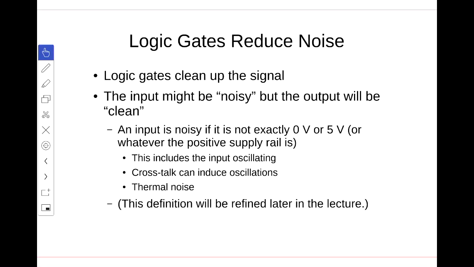The input being noisy means it's not exactly 0 volts and not exactly 5 volts, and it might be oscillating up and down a bit. That's what we mean by noisy. And the amount of noise is given by the amount of fluctuations there. How much larger can the input go above 0 volts? How much lower can it go below 5 volts? That's sort of the amount of noise there.